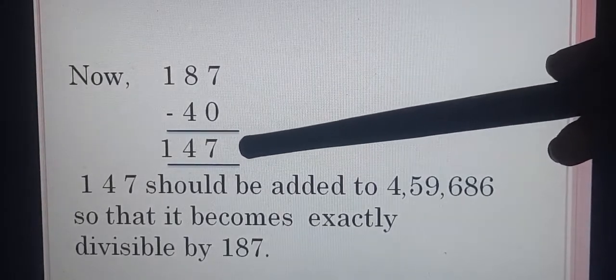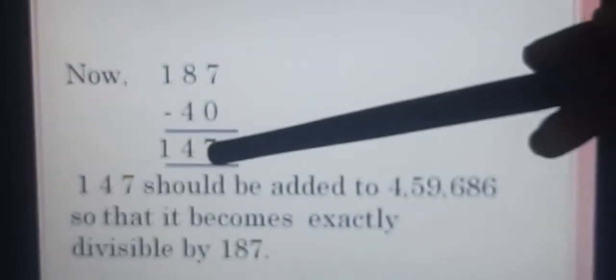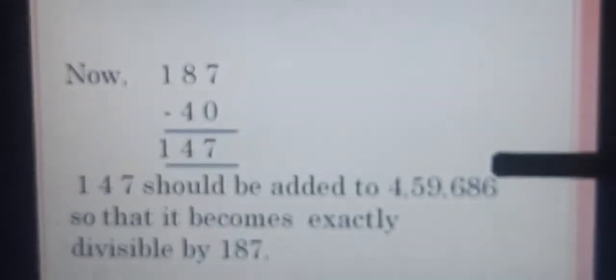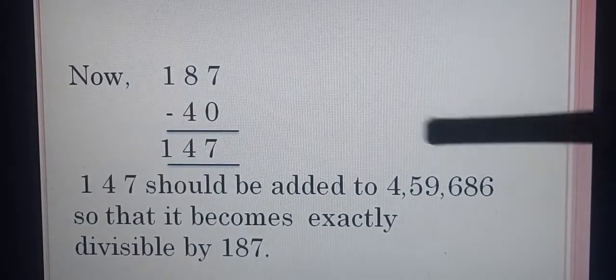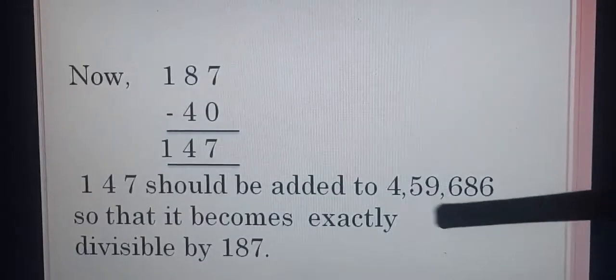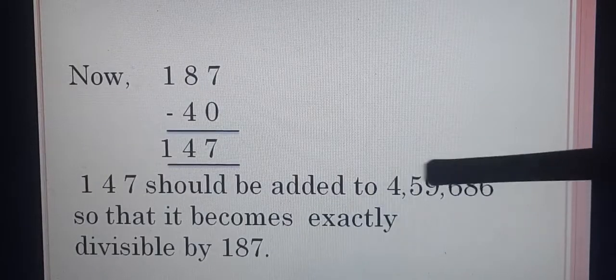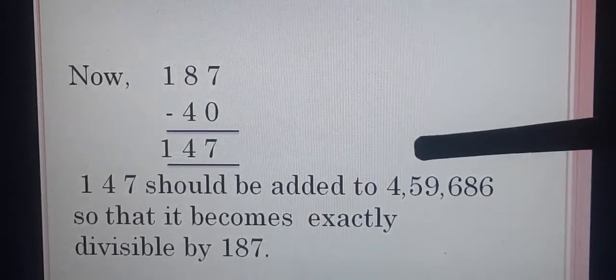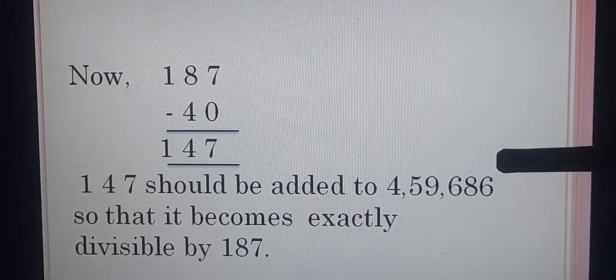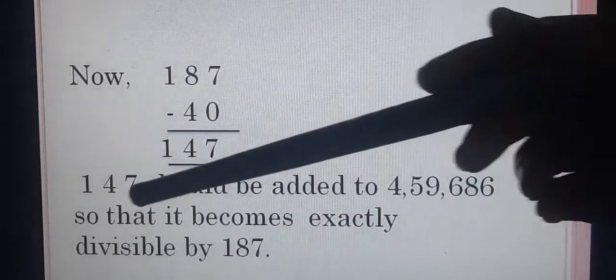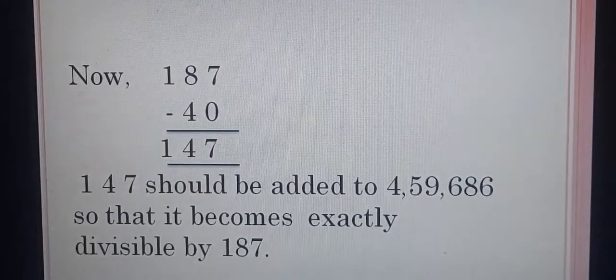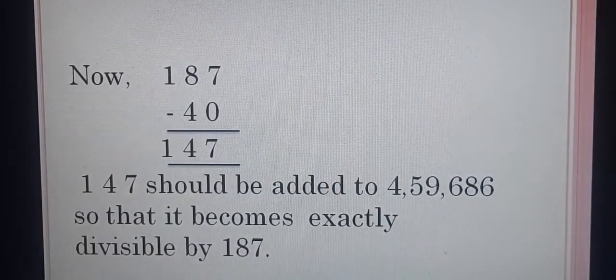It is 147. 147 should be added. अगर हम 147 को गिवन डिविडेंड में ऐड कर देते हैं तो नंबर एग्जैक्टली डिवाइड हो जाएगा विदाउट एनी रिमाइंडर. ओके, सो 147 शुड बी एडेड टू 4,59,686 so that it becomes exactly divisible by 187. This sentence is written from question only.